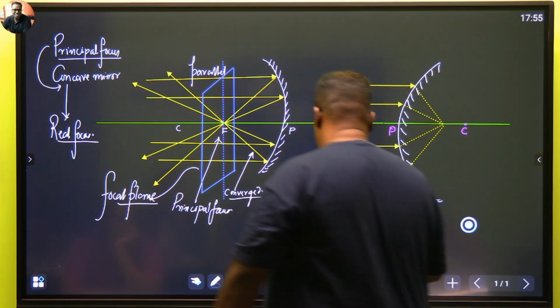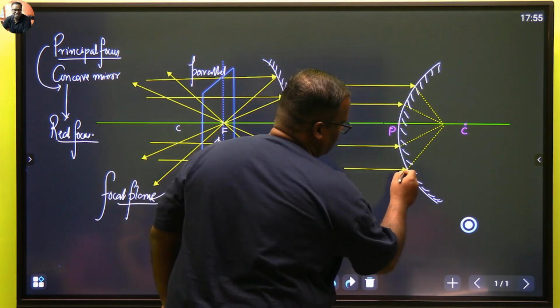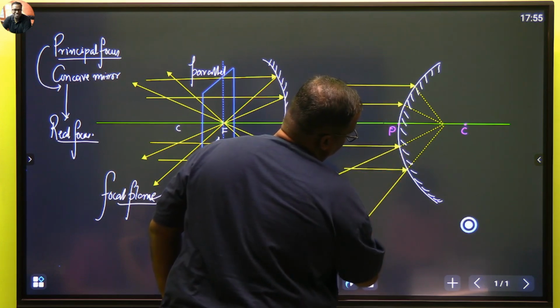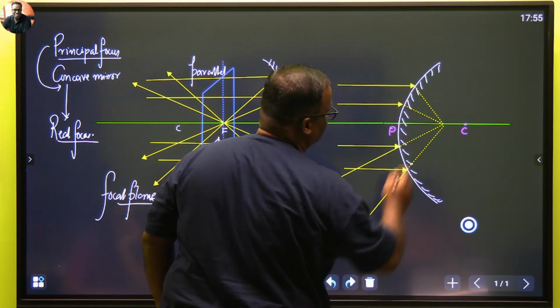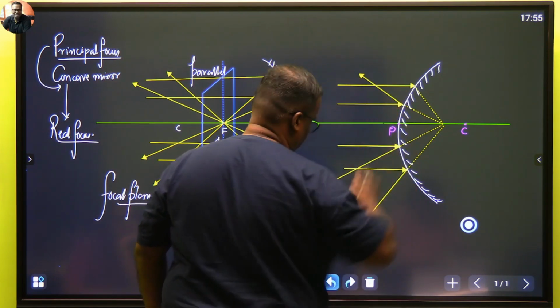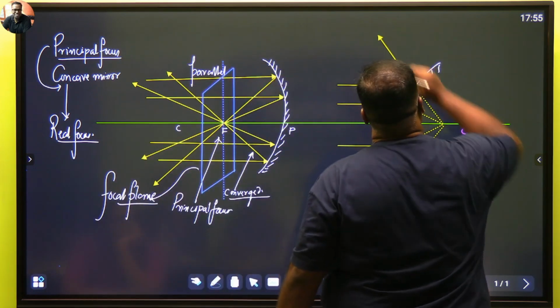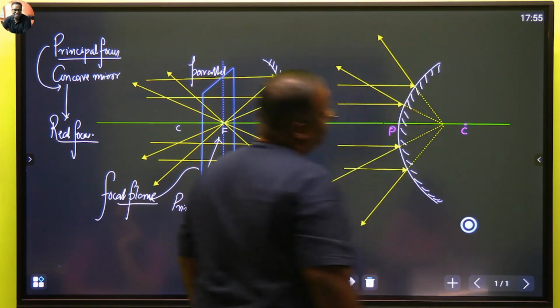And now start taking my arrows. Have you understood?